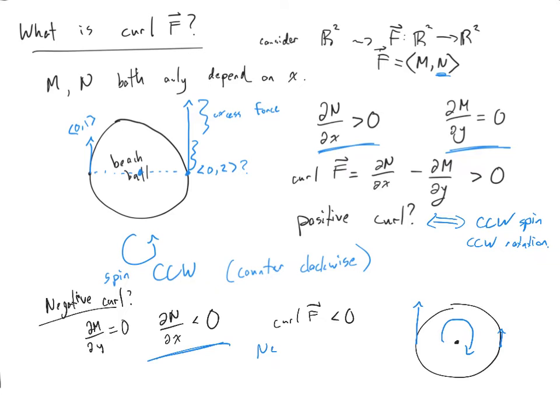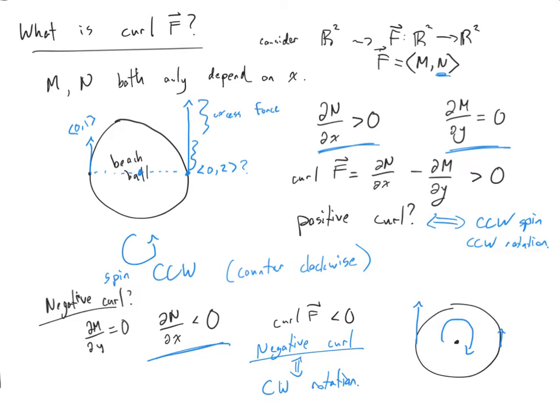So negative curl is the same as clockwise rotation. And so curl is measuring whether you have rotation in your vector field, which is why people like writing rot for the scalar curl.